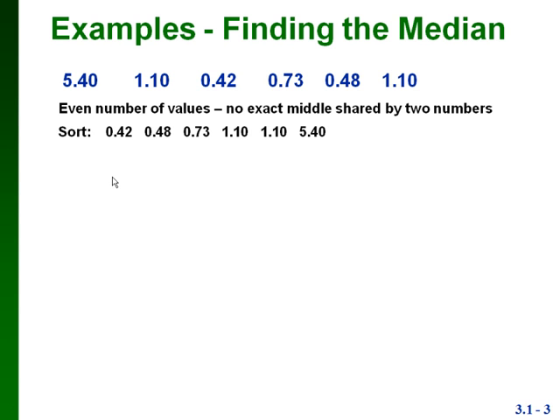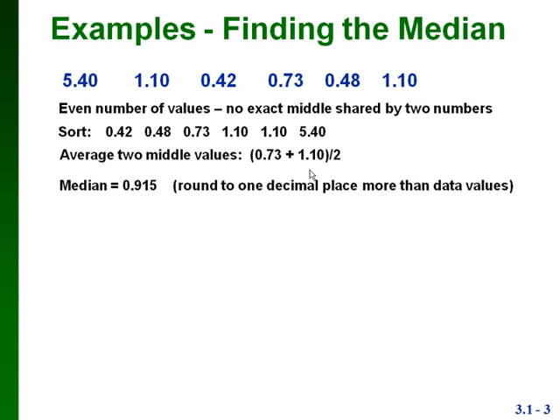So first, we're going to sort them from smallest to greatest, and then we pick out the 2 that are in the middle of the list, which would be the 0.73 and the 1.10. So we're going to take those 2, add them together, and divide them by 2 to get the average. So our median is going to be 0.915, and notice here that we round to 1 decimal place more than what we had in our data. That's kind of a rule of thumb.